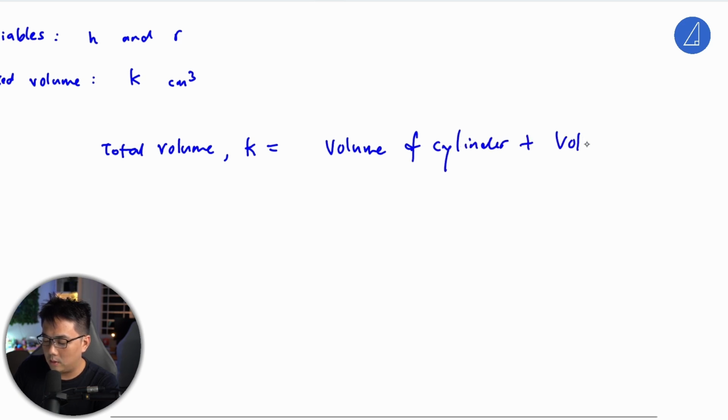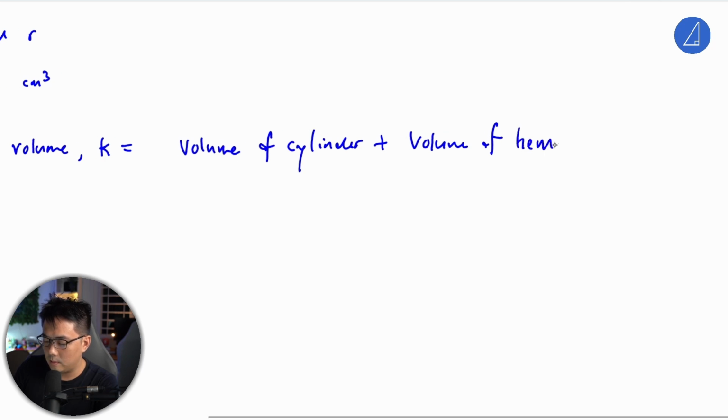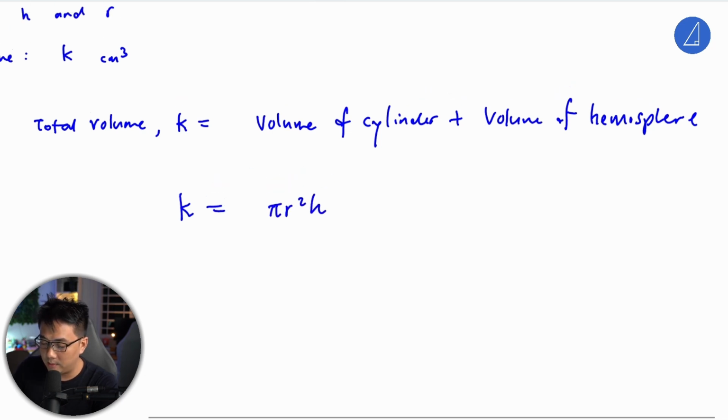Okay, so in this case here, K is equal to pi r square h, base area times height.